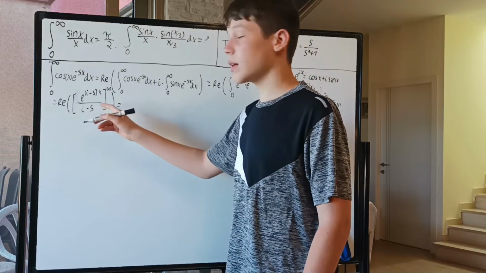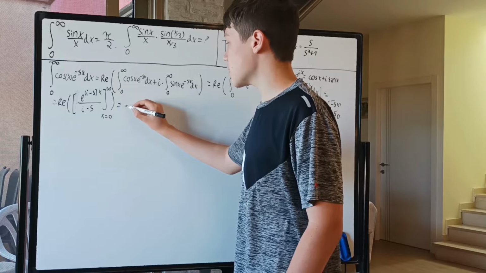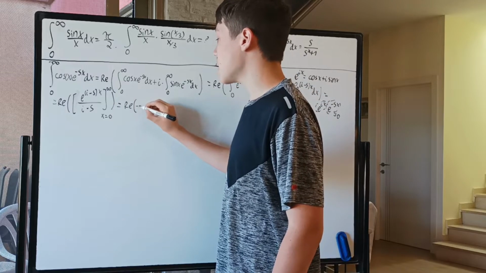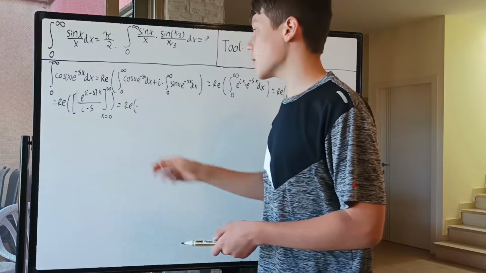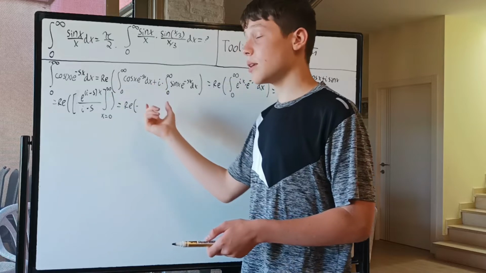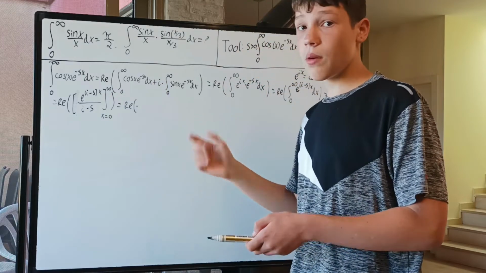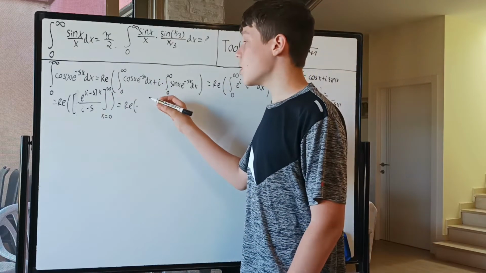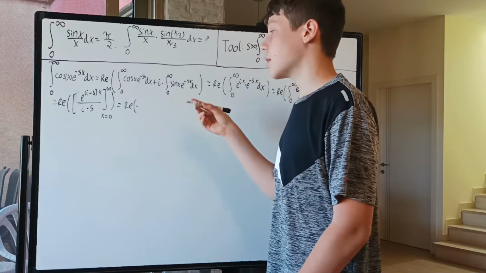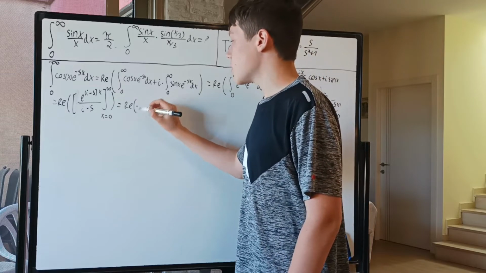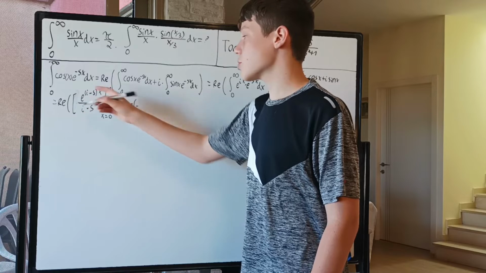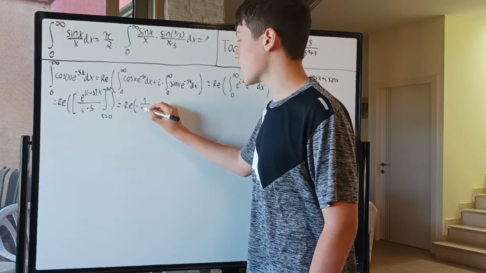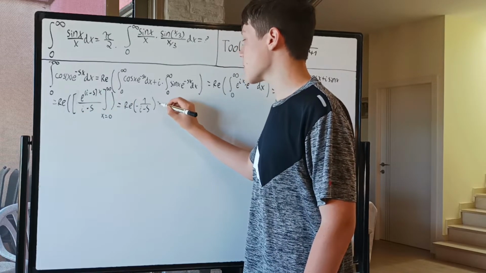So we just need to plug in 0 and take the real part of that and add a minus sign, because we're doing it at infinity minus at 0, and at infinity it's 0. So we get the negative of the value at 0. So x equals 0 means this will just be 1. This is negative 1 over (i minus s).